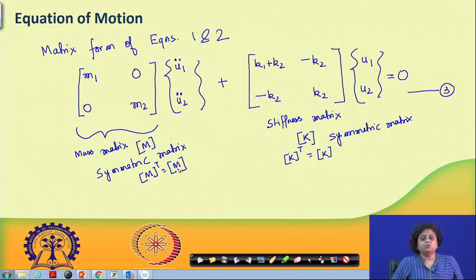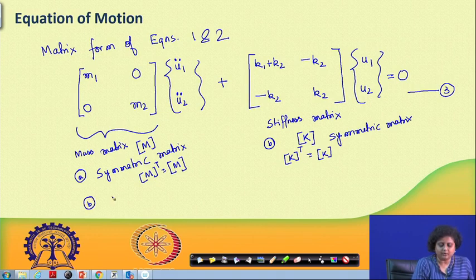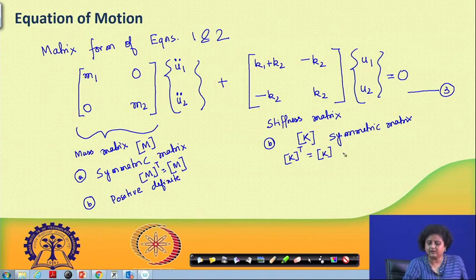There is one more property. This is the first property, let me call this A, that they have to be symmetric. The second property is called positive definiteness. The mass matrix is positive definite, and the stiffness matrix is also positive definite. What is the meaning of positive definite?